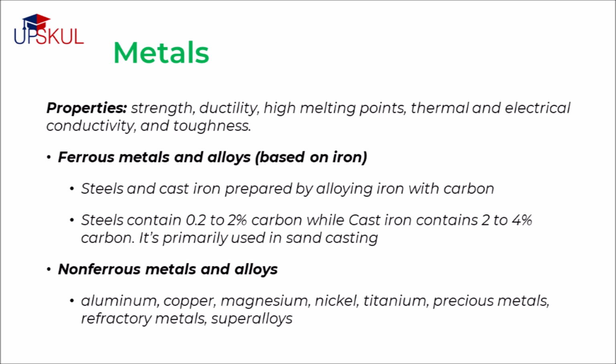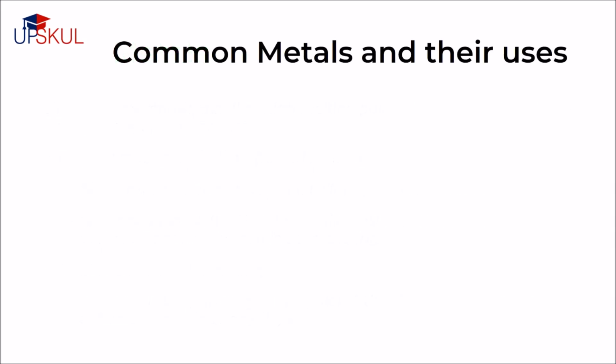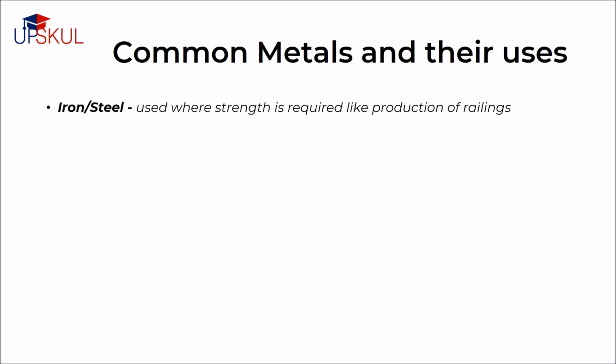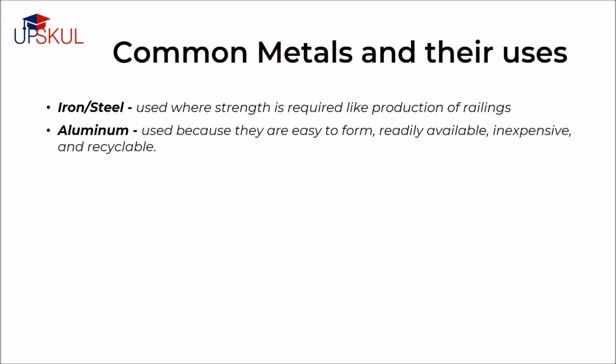Let's discuss some of the common metals and their uses. Iron and steel alloys are used where strength is required, like production of railings. Aluminium and its alloys are used because they are easy to form, readily available, inexpensive, and recyclable.